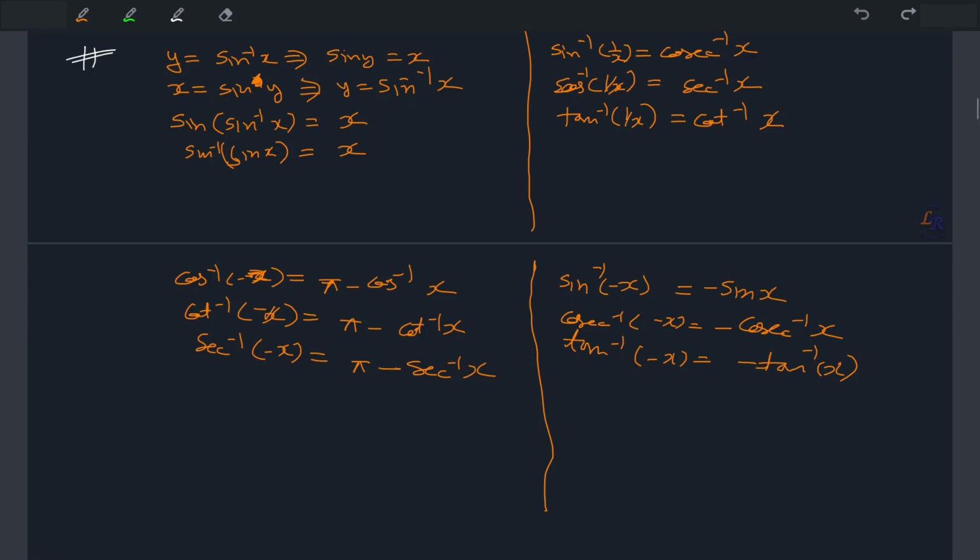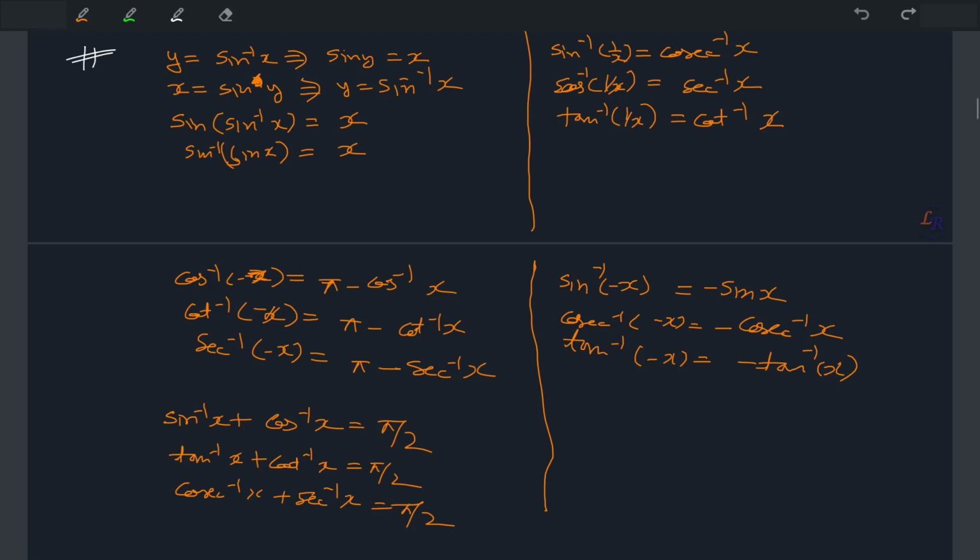Now for the sums, let's say sine inverse x plus cos inverse x is equal to pi by 2, tan inverse x plus cot inverse x is equal to pi by 2. We can write cosec inverse x plus sec inverse x equal to pi by 2.